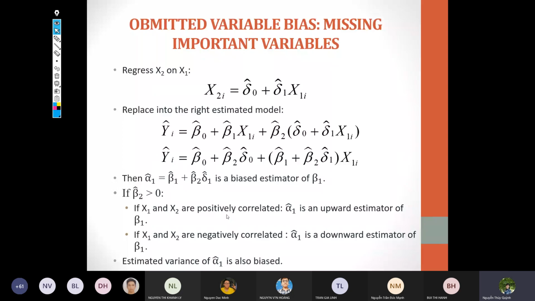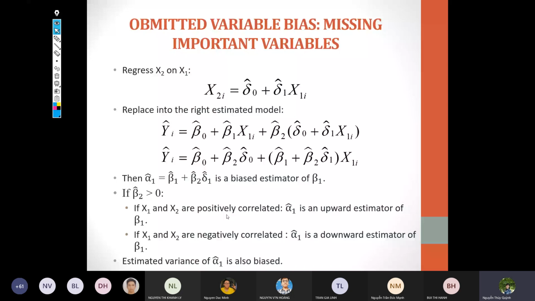Okay, and we can also prove that the estimated variance of alpha 1 hat, and the standard error of the estimated coefficient, will also be biased.